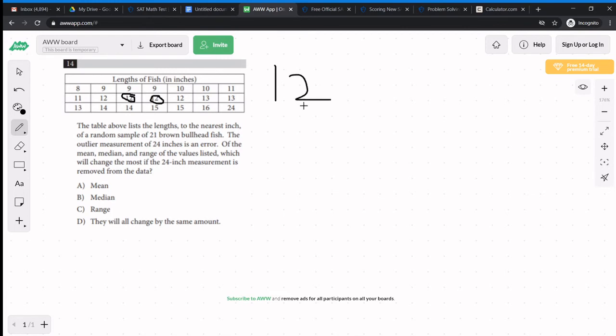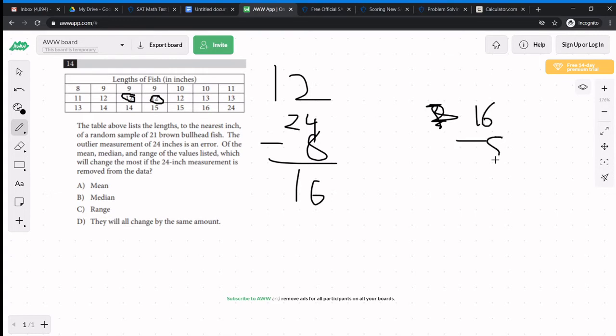So the median is going to remain the same. So it's going to change the least. The range will go from 24 minus 8, which is 16, to, sorry, 16 minus 8, which is 8. So it'll change by 8. That's a pretty big difference.